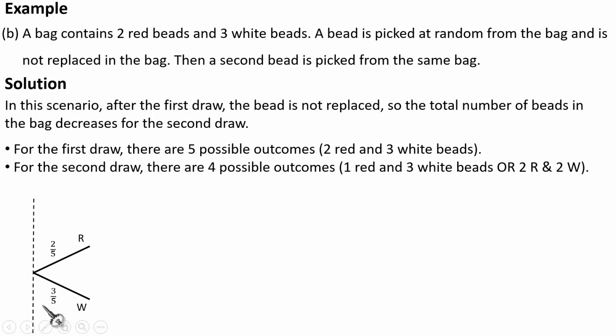Now this represents the first draw, or the first pick. For the second pick, a second bead is picked from the same bag. It will come here. So here we can have 2 branches, which means that for the second pick also, the bead can either be red or white.